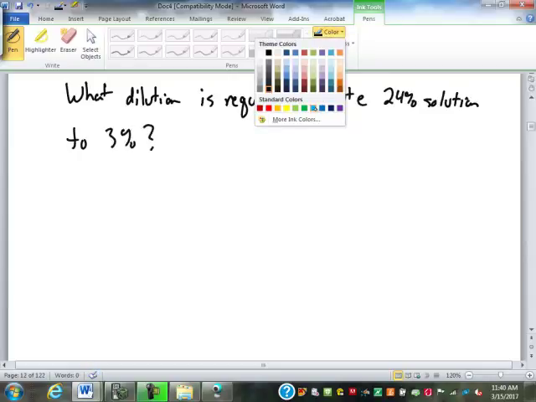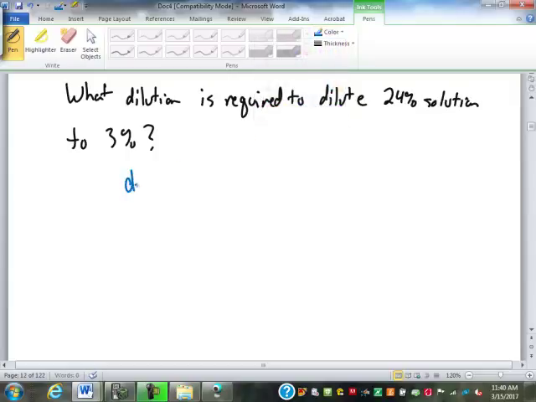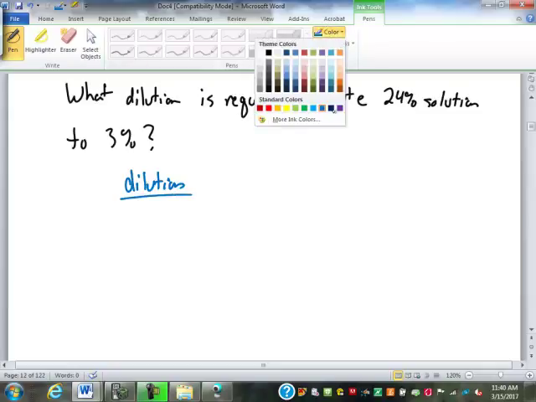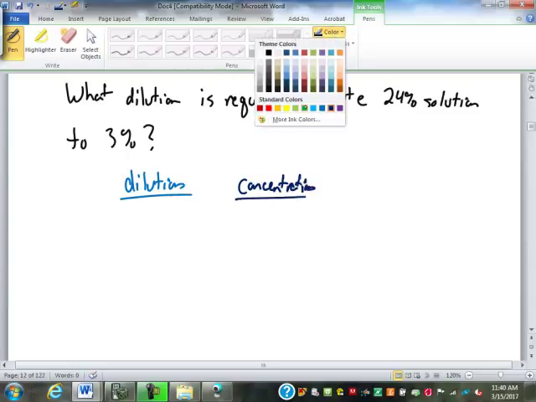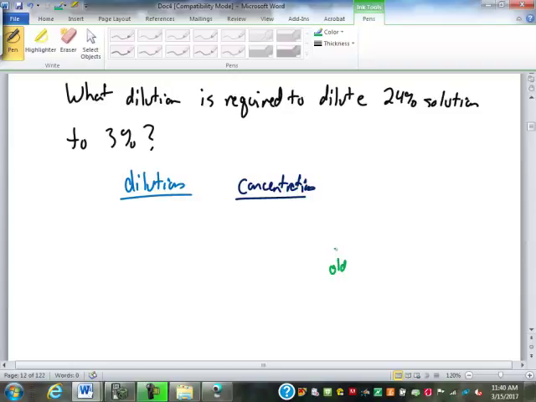So again, now our dilution ratio is going to be equal to our ratio of concentrations. Remember, it's always going to be the old on bottom and the new on top. So our new concentration after we dilute it is 3%. The old is the 24%. And if we reduce that ratio down, 3 over 24 is a 1 in 8. So it's a 1 in 8 dilution.